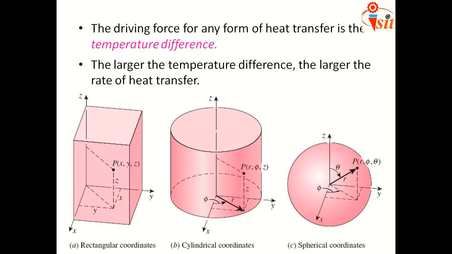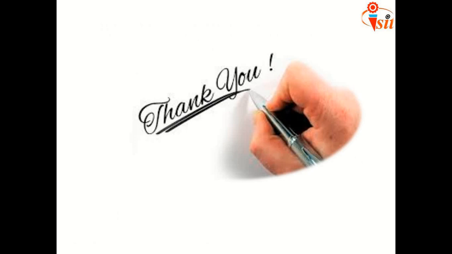Similarly for the cylindrical coordinates: angle, height, and radius. In this way, we can find any location point P. In the same way for the spherical coordinates. So try to understand this, because in the further lectures, while deriving the equations, we will use these coordinate systems. Thank you and keep learning.